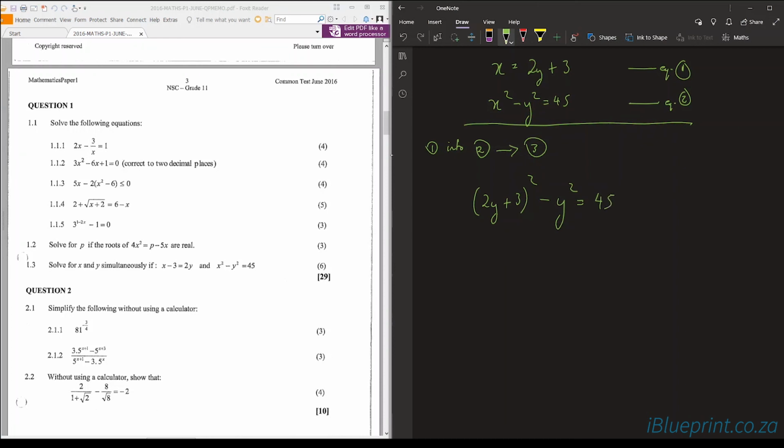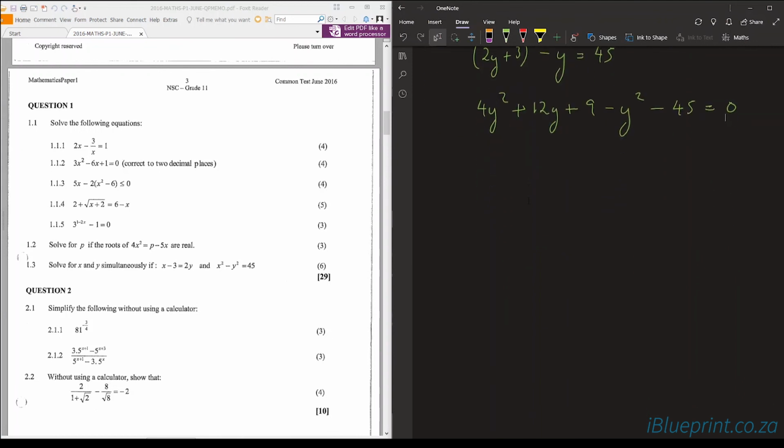Now this is a simple quadratic equation in y. We've got 4y squared here plus 2 times 2 is 4 times 3 is 12y plus 9 minus y squared minus 45 is equal to 0, because we want to have everything equal to 0 in the standard form of a quadratic equation.